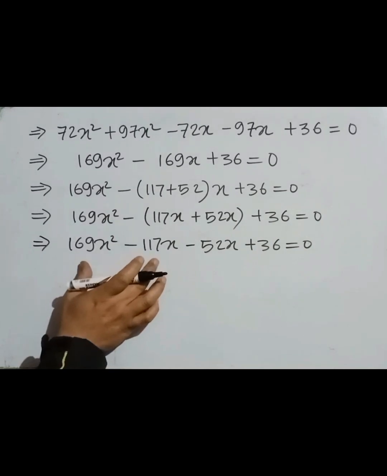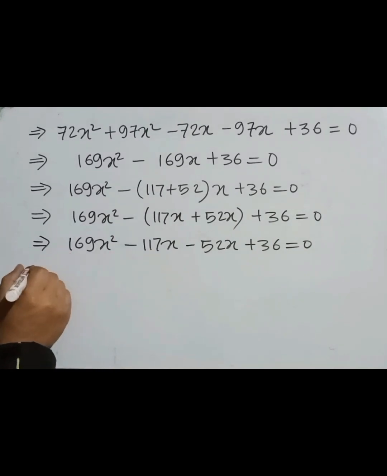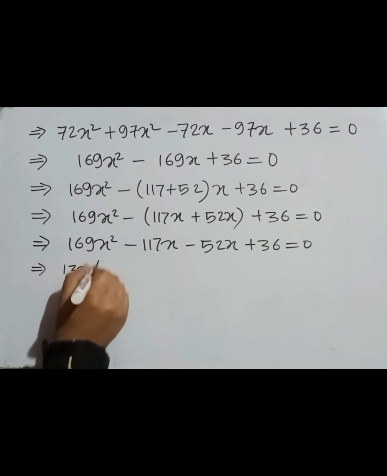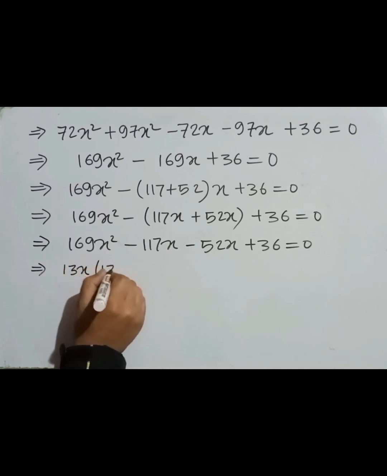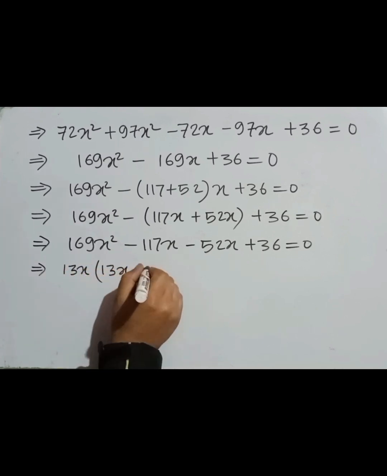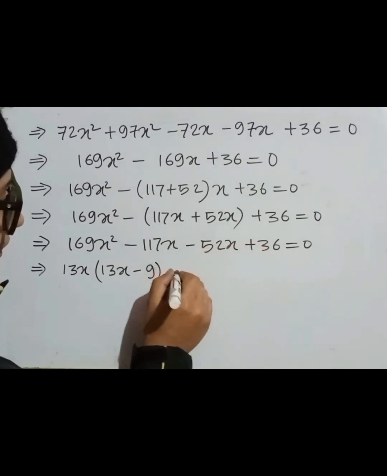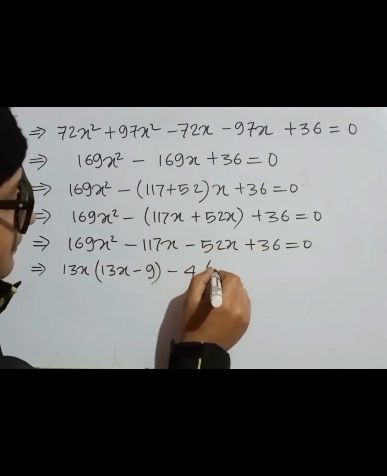Now from the first two terms we can take 13x as common. So the first term becomes 13x minus, second term is 9, and from the third and the fourth term we can take 4 as common.